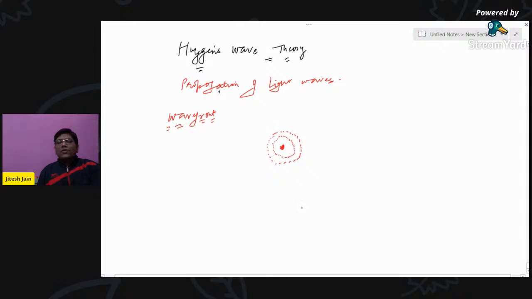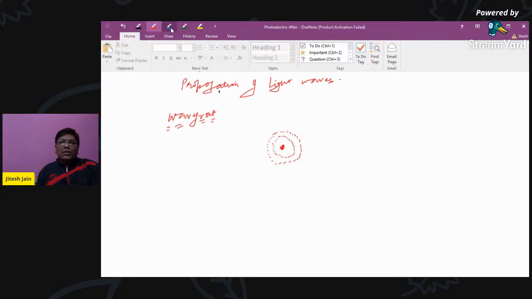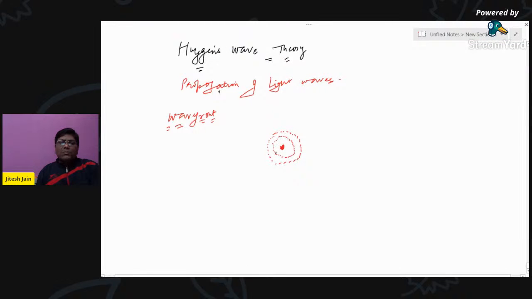So the locus of all these particles which are vibrating in the same phase, locus meaning the moving point in maths, this is known as what? Wavefront, dear students. So what is a wavefront?